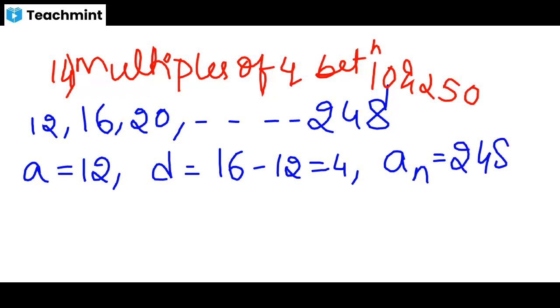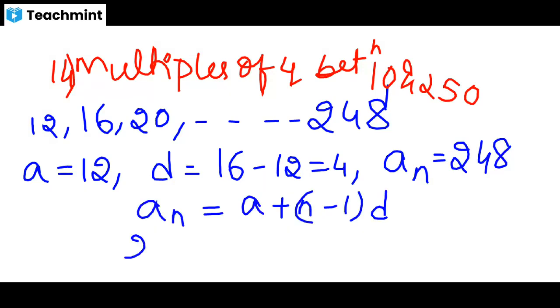Now what should you do? Using the formula an is equal to a plus n minus 1 into d. Now an is 248, a value is 12 plus n minus 1 into d value 4. Simplify this equation.